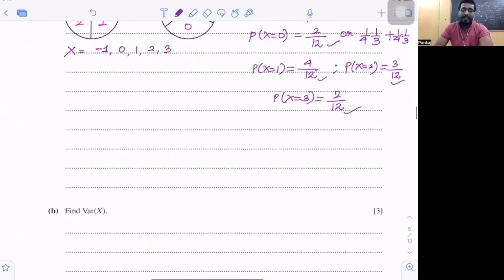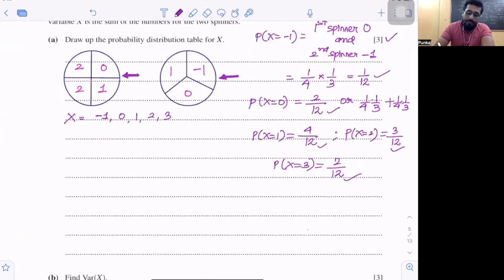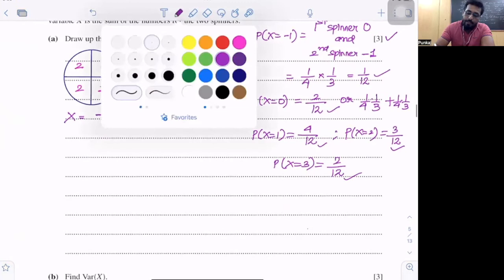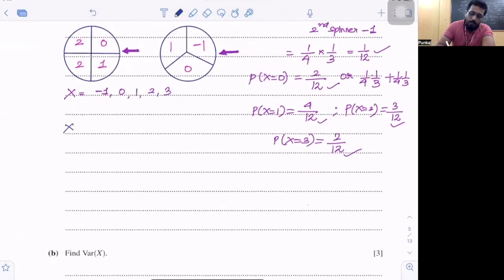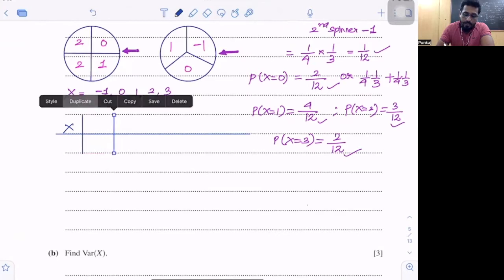Now you just want to make a table, okay? So you want to definitely construct a table now. Let's quickly make a table here. So I'm going to write x. Let's duplicate this and keep on placing it at some distance.